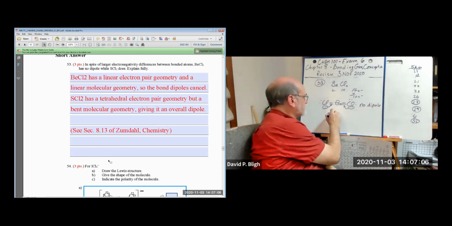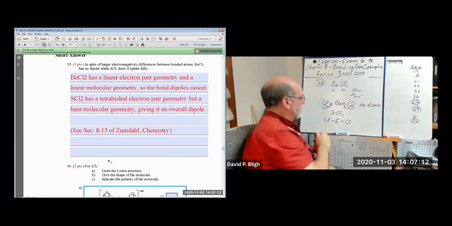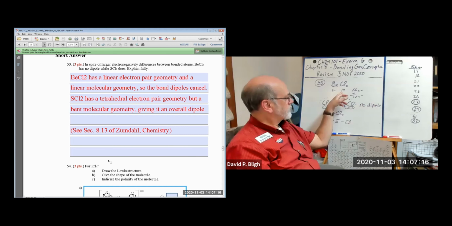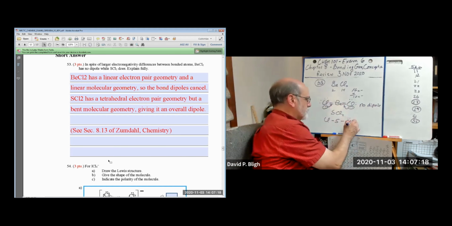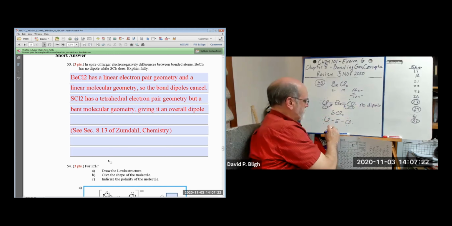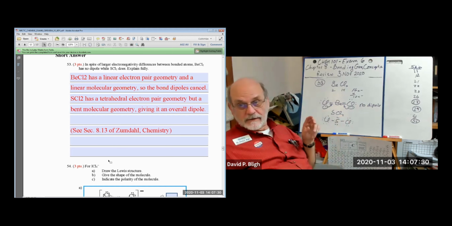Sulfur has 6 electrons plus 14 is 20. 2, 4, 6, 8, 10, 12, 14, 16, 18, 20. Okay.